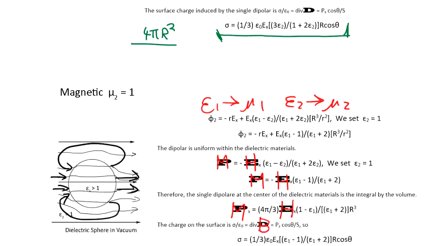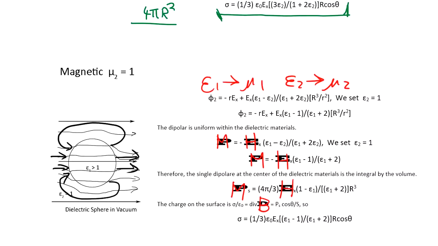In the case of magnetic, we replace epsilon 2 with mu2 and epsilon 1 with mu1, using relative permeability this time. It's exactly the same equation. The difference is we change P to M, E to H, and so on.